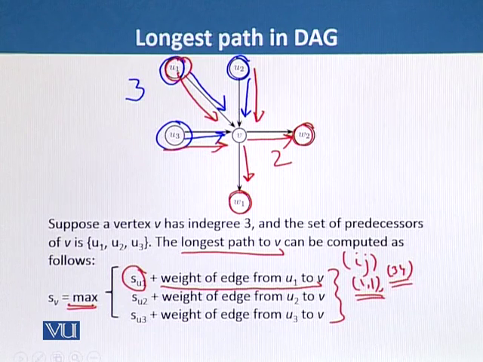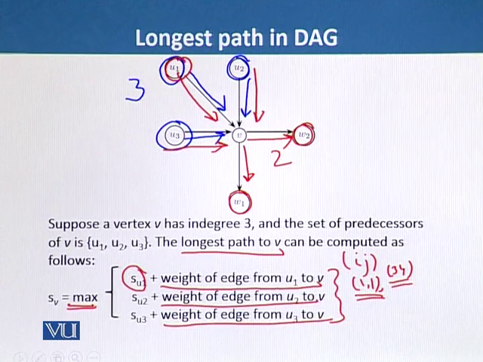But in this case the value will be a single integer. So we calculate all of these values, and the one with the maximum weight will be selected as the maximum value of this DAG path.